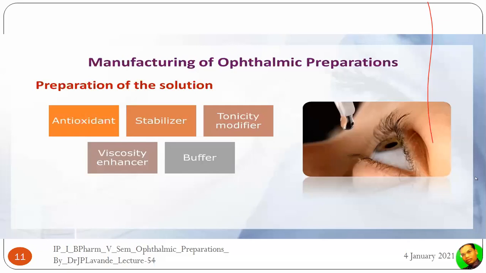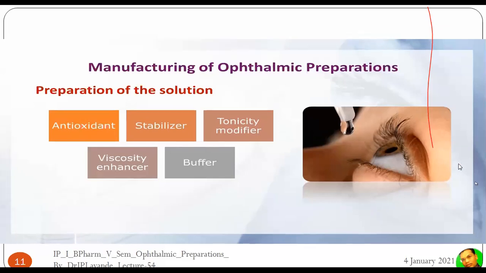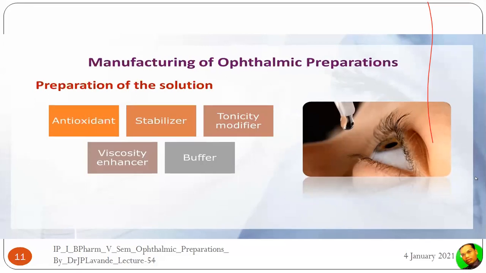Buffer is to maintain the pH. Viscosity enhancer is to increase the viscosity so that there is a prolonged contact time between the product and the biological system. Antioxidant is to prevent the process of oxidation. Stabilizer is to maintain the product stability over the shelf life. And tonicity modifier is to match the concentration of the ions, right? It should be isotonic, as we already saw, it should not be hypertonic or hypotonic. Instead, what we want is isotonic.